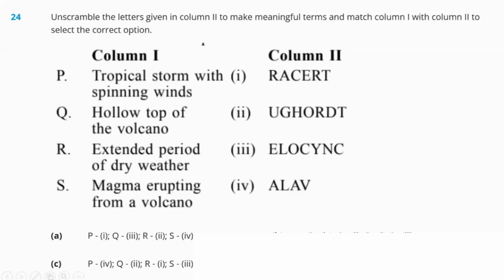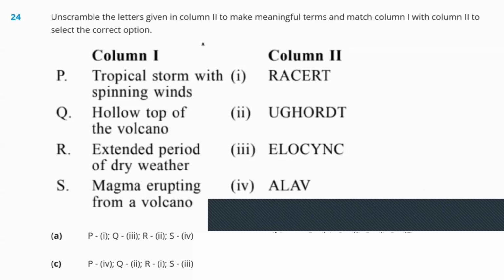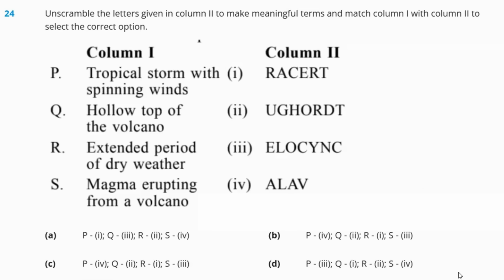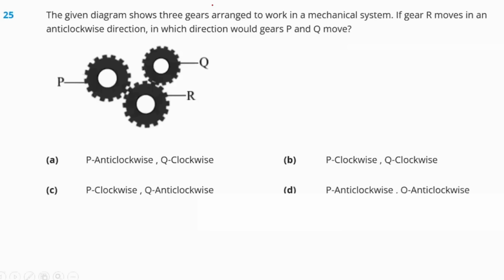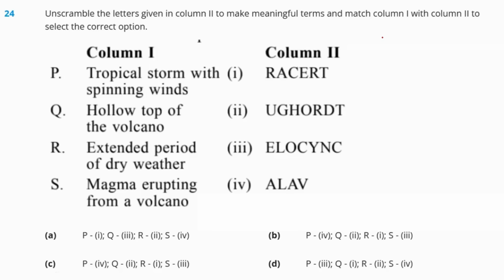Question number 24. Okay, 24, we have to unscramble the letters in column 2 to make meaningful terms and match them with column 1. Select the correct options over here.